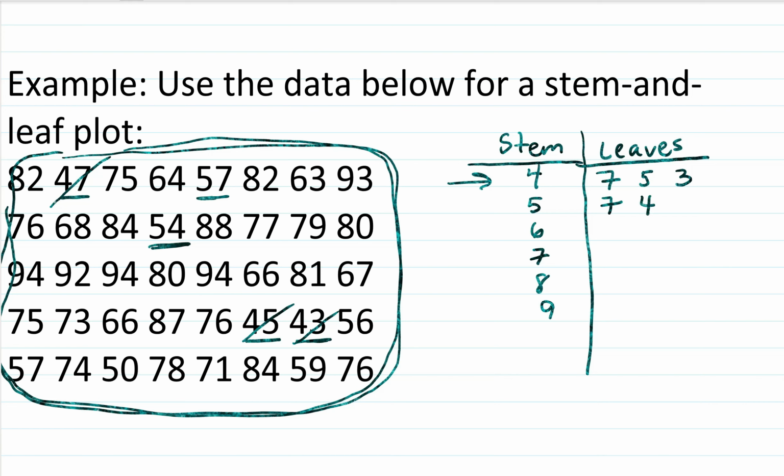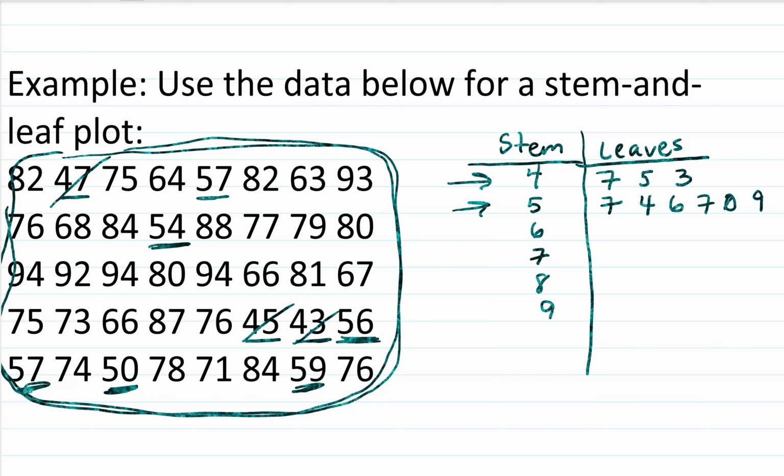I see a 56, so a 6 goes in the leaf. I see a 57 on my last row, first number in the last row, so a 7 goes there. I see a 50, so a 0 goes there. And a 59, so a 9 goes there. So that tells me all the numbers in the 50s: 57, 54, 56, 57, 50, and 59.